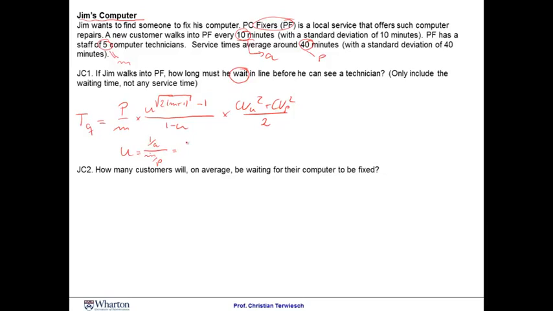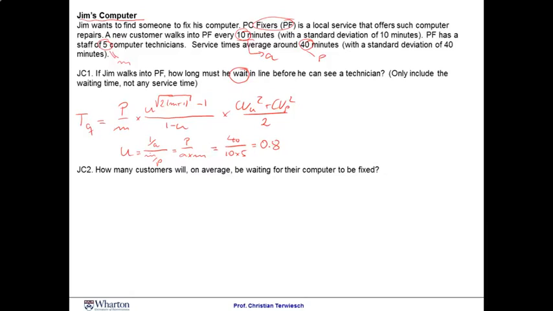That simplifies to p divided by a times m. In this case, that's 40 divided by 10 times 5, so 40 by 50, or 0.8 utilization.